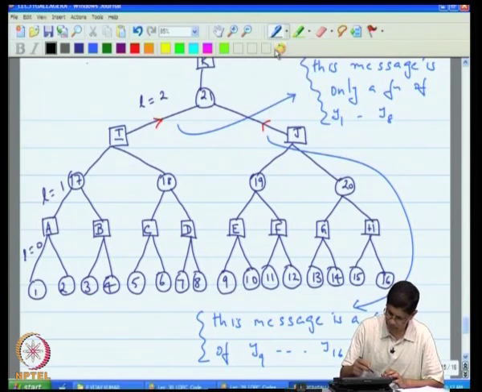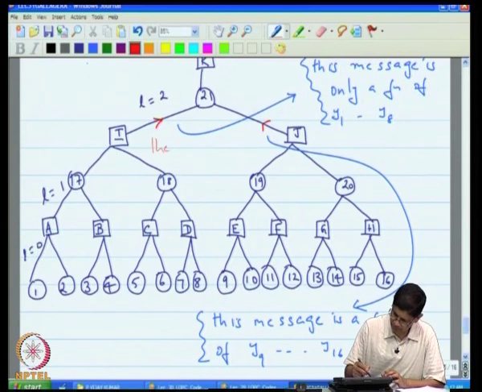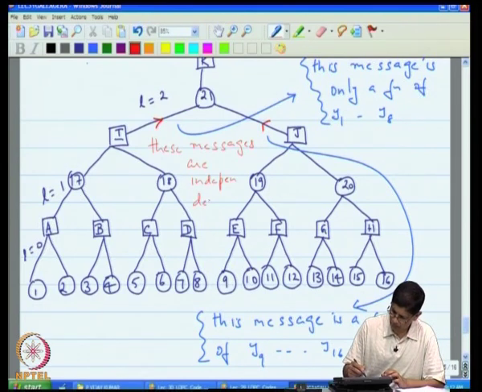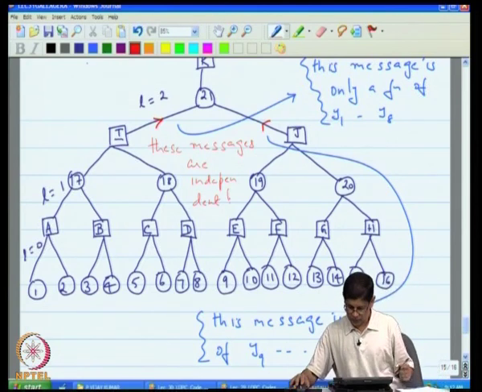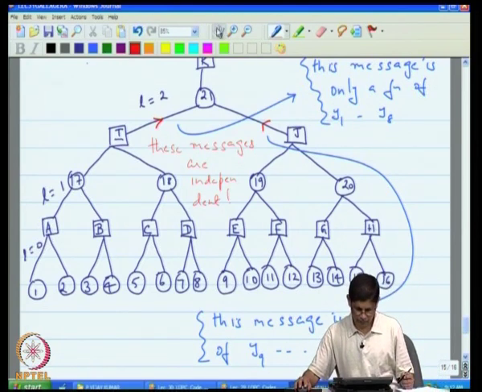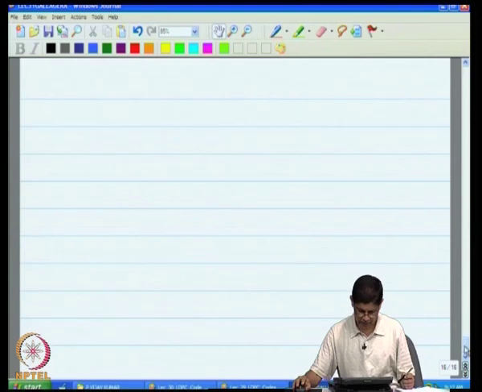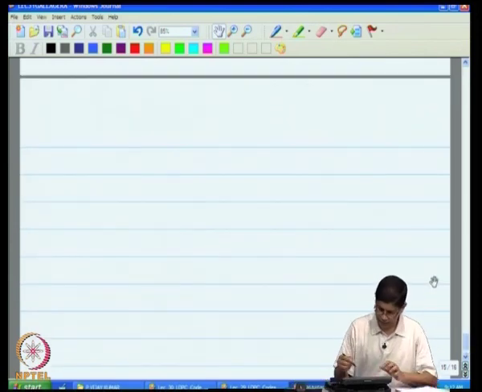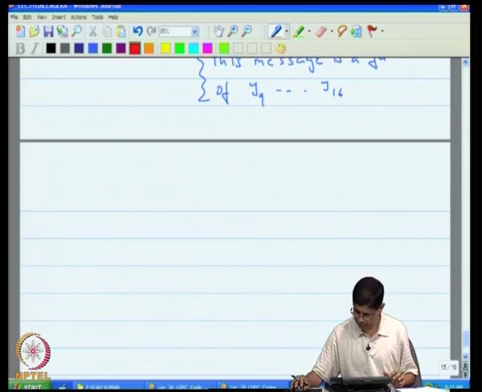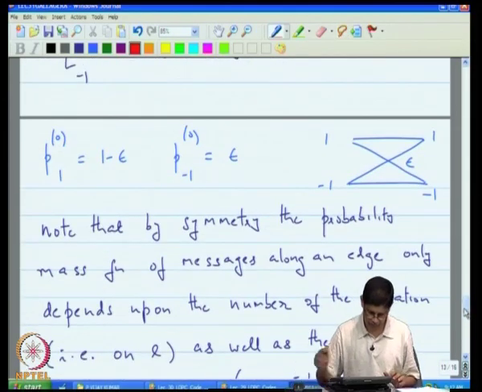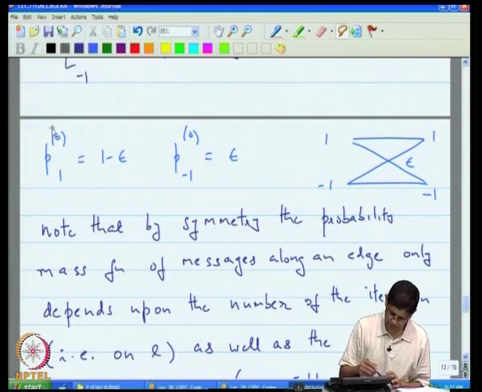So, making use of this, it follows that, so we have already started out, and let me copy from what we had earlier, which was these probabilities.